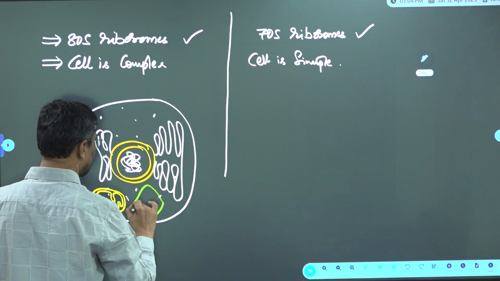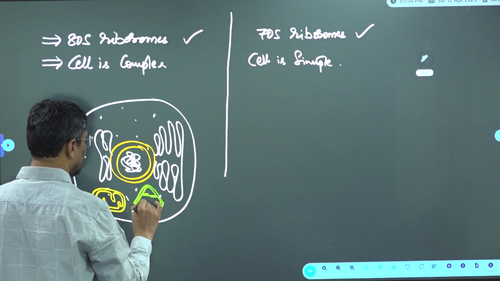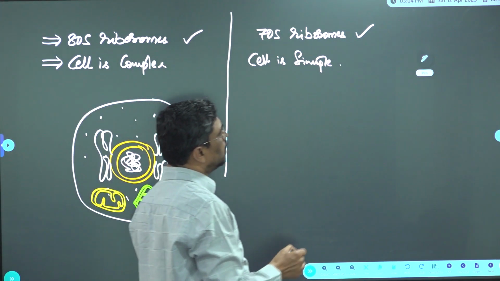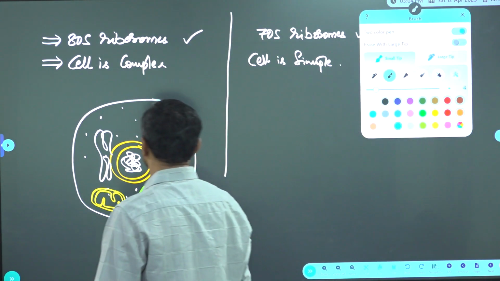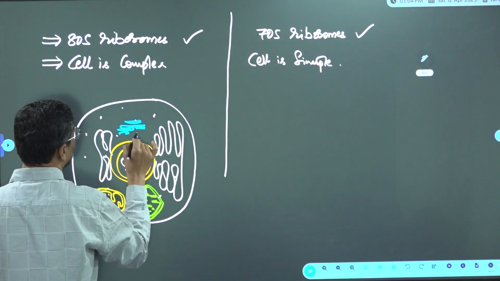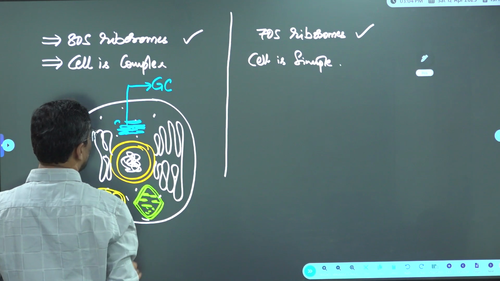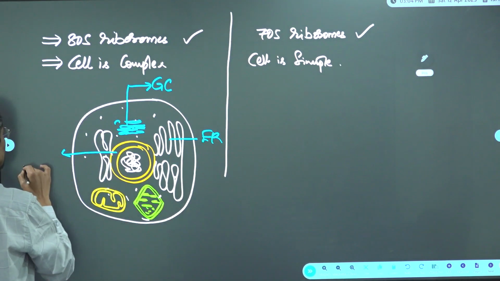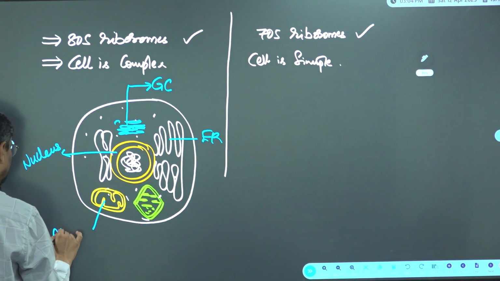This chloroplast is present in plant cells. And then the Golgi complex. So this is the Golgi complex, this is the endoplasmic reticulum, this is the nucleus, and this is the mitochondria.